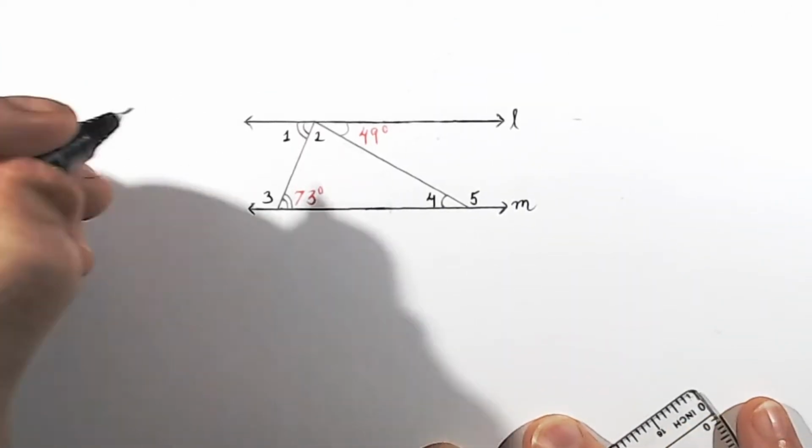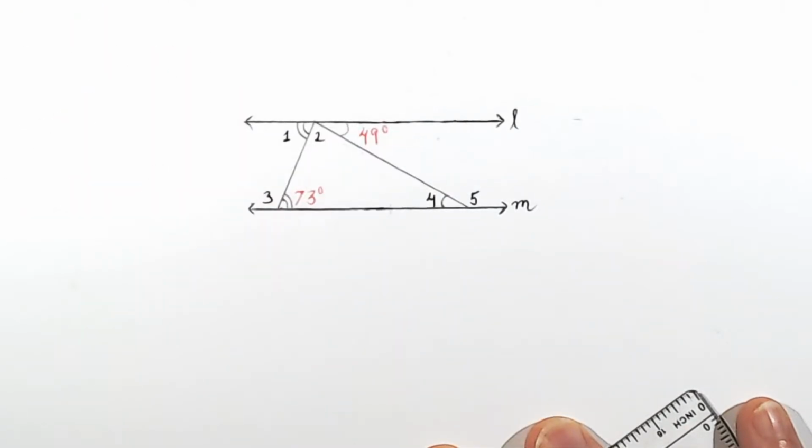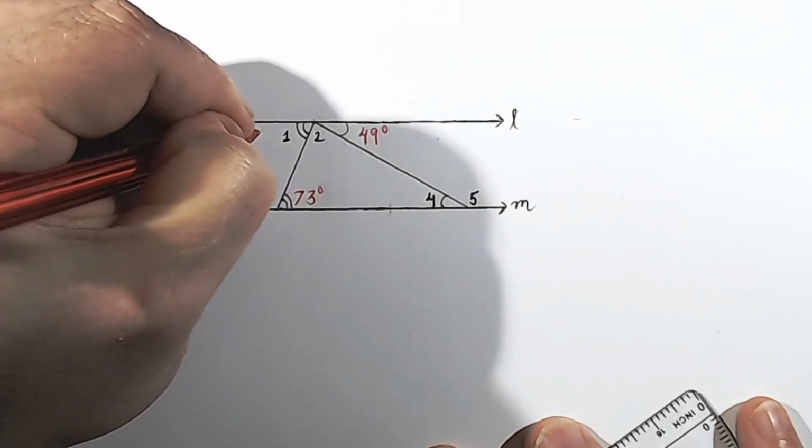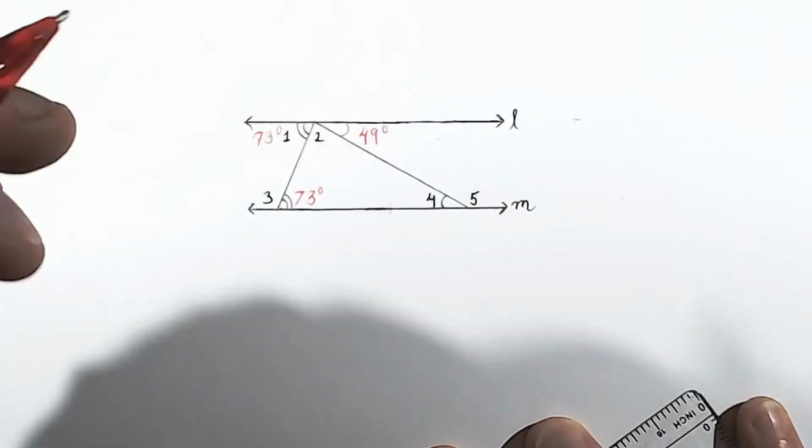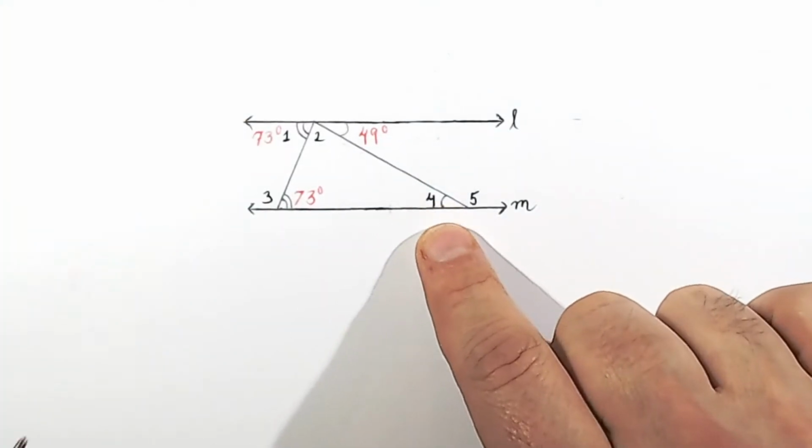We'll label angle 1 73 degrees. And we'll label angle 4 49 degrees.